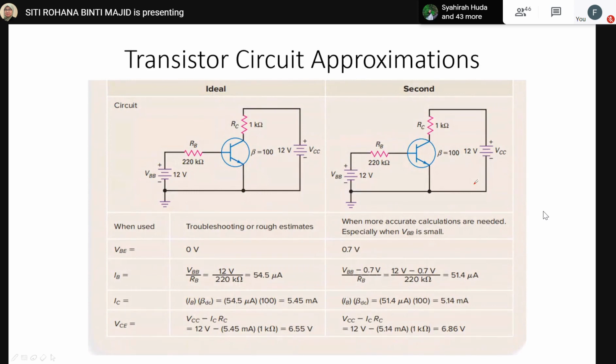And then this is a summary of transistor circuit approximations. The left side here is for the ideal BJT, where there will be 0 volt between the base and emitter.